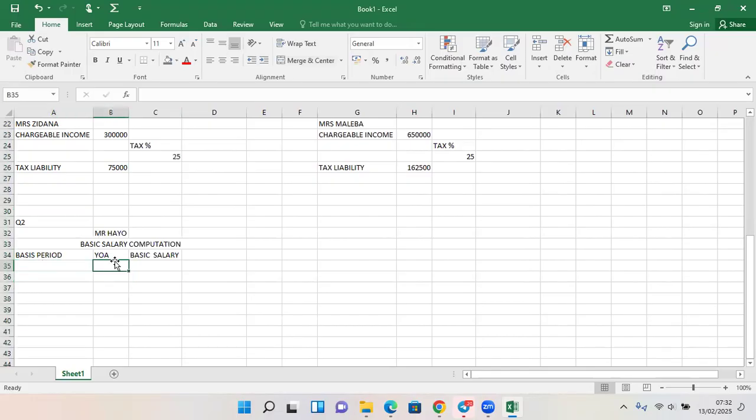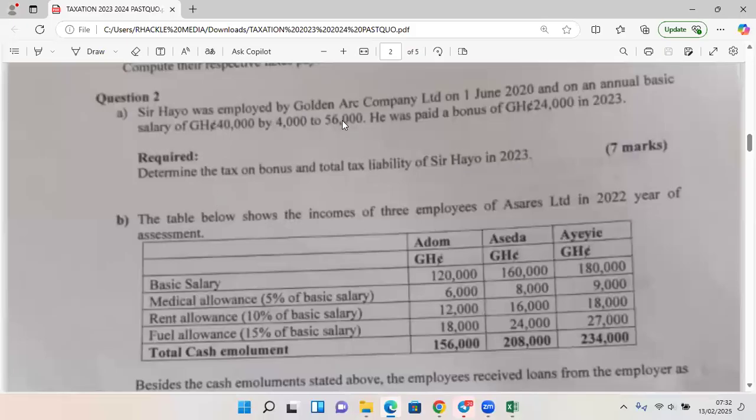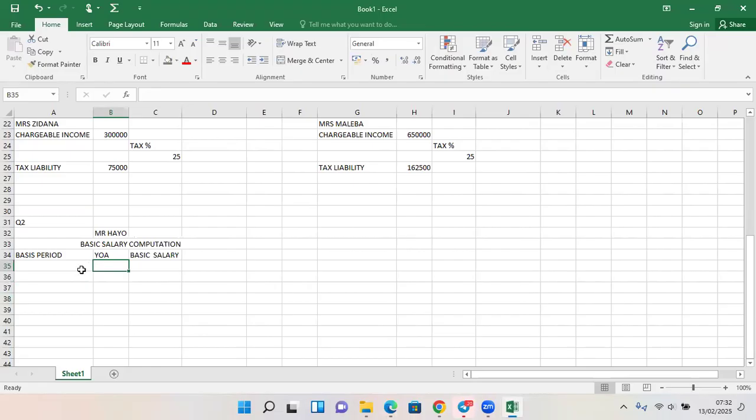He was employed on 1st June 2020. So from that time up to 2021, he will still be receiving the same 40,000.